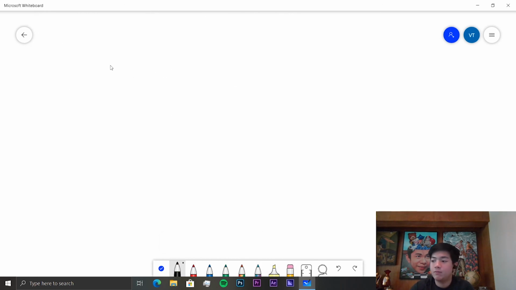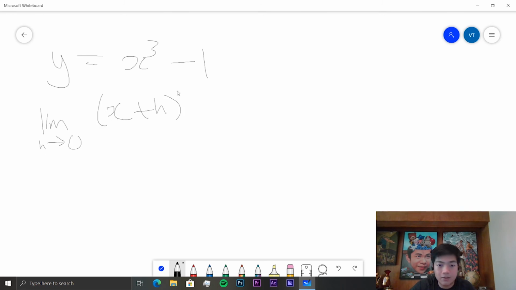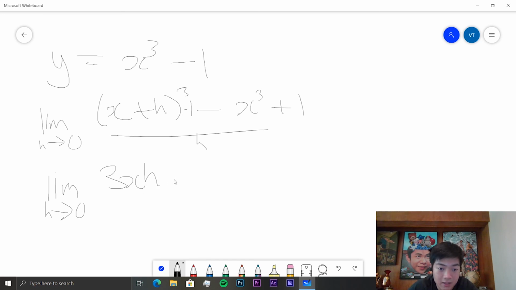And on to the final question, which is y is equal to x cubed minus 1. So let's find points parallel to the x-axis for this. So this is the limit as h tends to 0 of (x plus h) cubed minus 1 minus x cubed plus 1, all over h. So this is equal to the limit as h tends to 0 of, this is cubed, right?